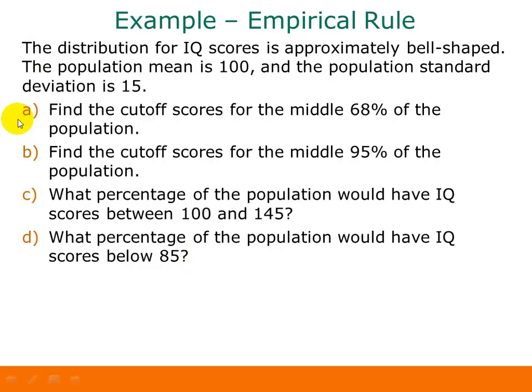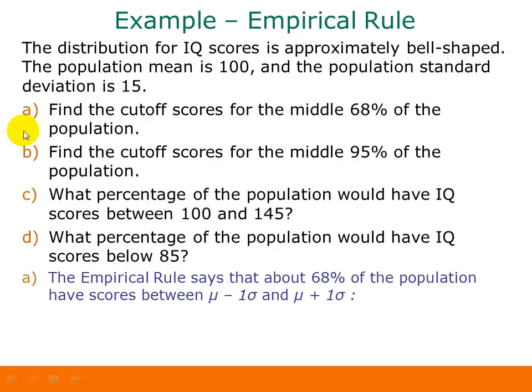So first we'll find the cutoff scores for the middle 68% of the population. Now, since we have a distribution that's approximately bell-shaped, that means we can use the empirical rule. The empirical rule says that about 68% of the population have scores that are within one standard deviation of the mean.